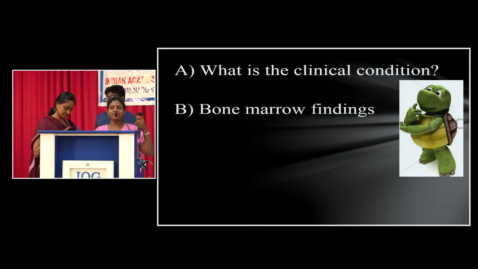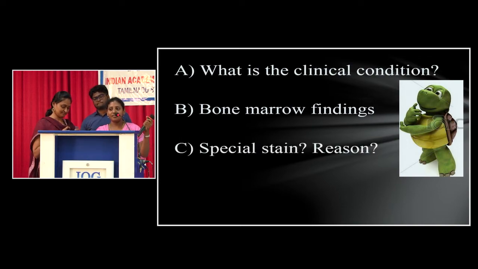Because of megakaryocyte hyperplasia, they produce a factor. What is that factor? Platelet-derived growth factor, which stimulates reticulin deposition and also collagen deposition. That's the reason, PDGF from megakaryocytes.